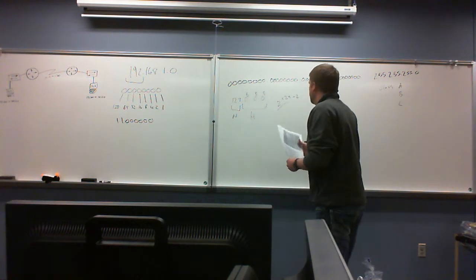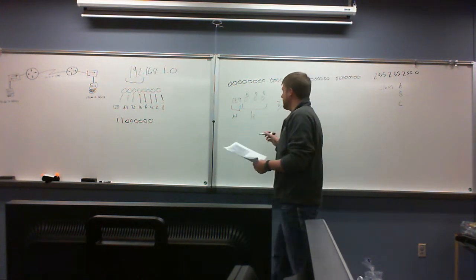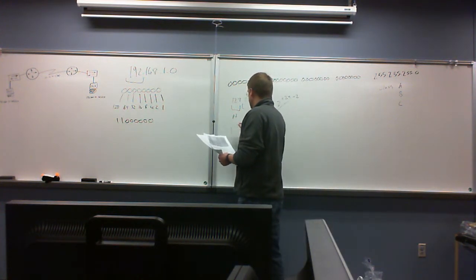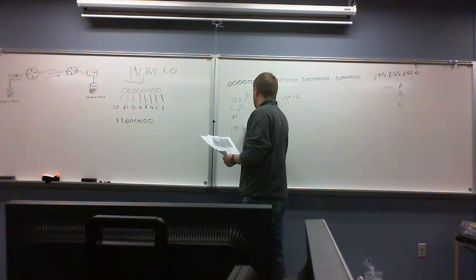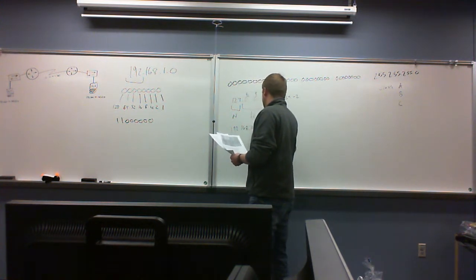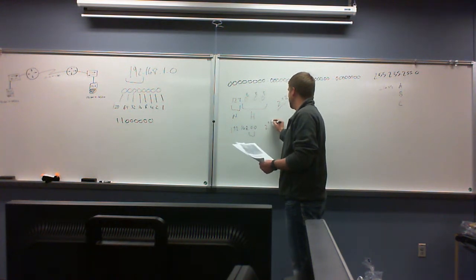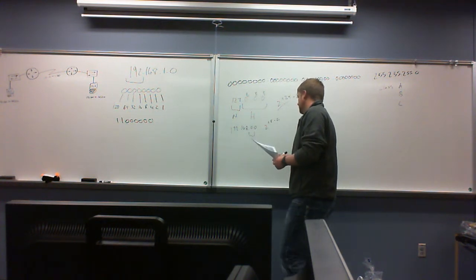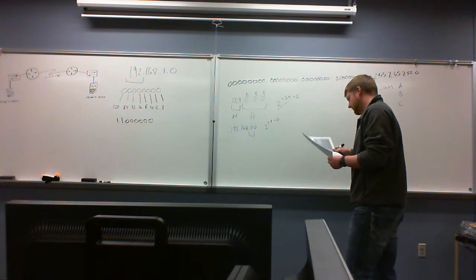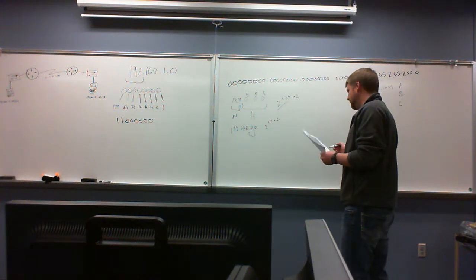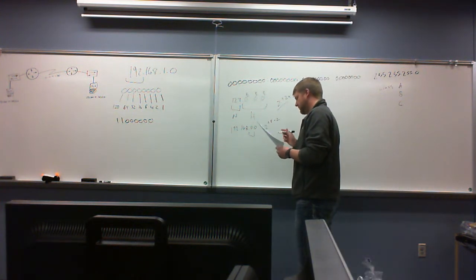So if you need a Class B address, and these are the host bits, you take 2 to the power of 8 minus 2, giving you 256. No, that's not right. 254.